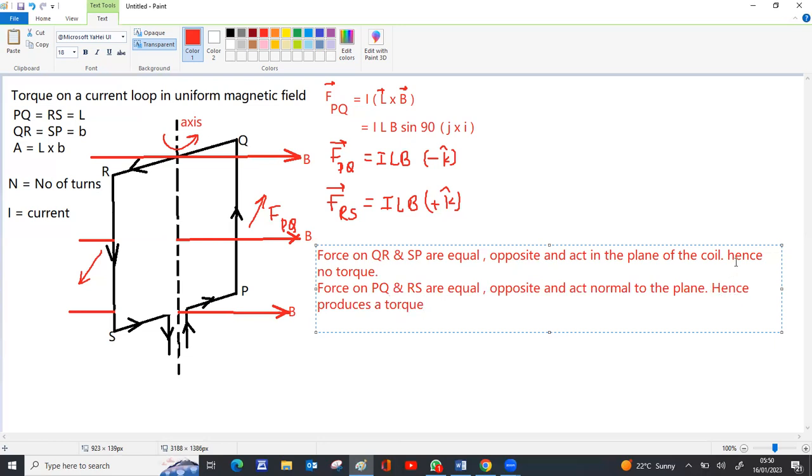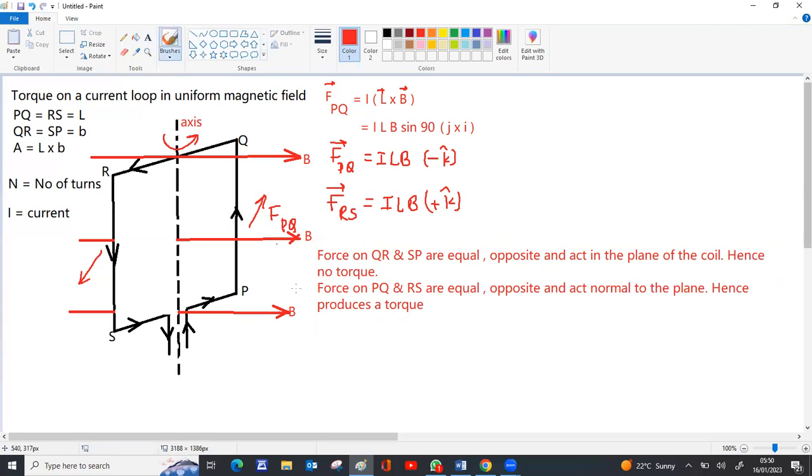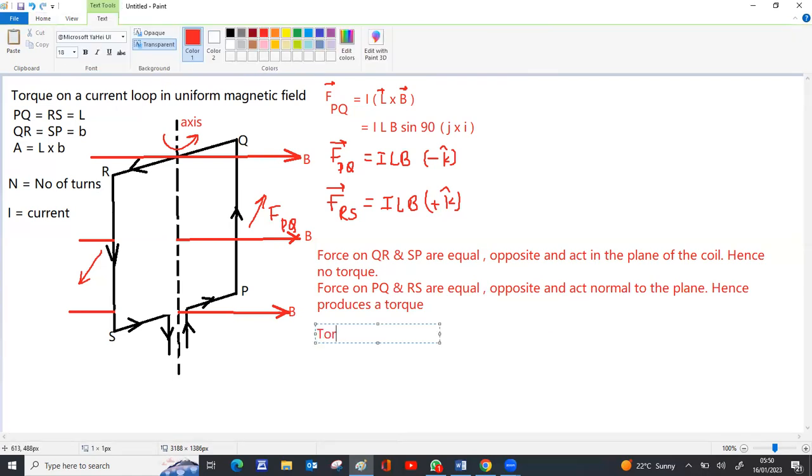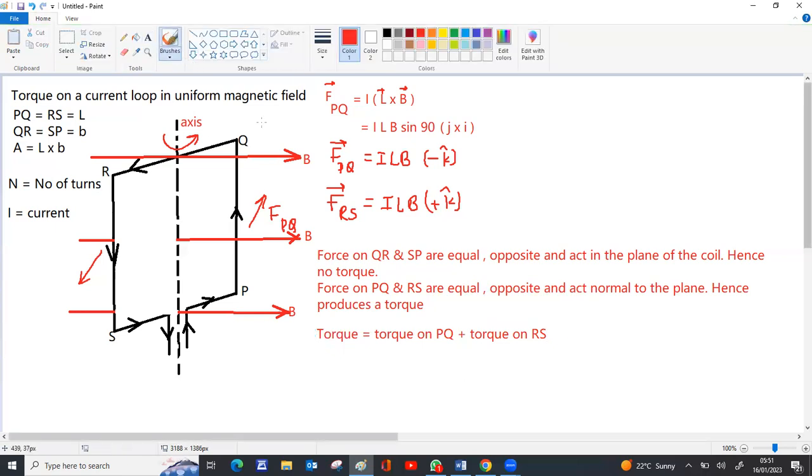There are different ways of finding torque. Here you can find the torque as torque on PQ plus torque on RS. So torque formula is r F sin theta.